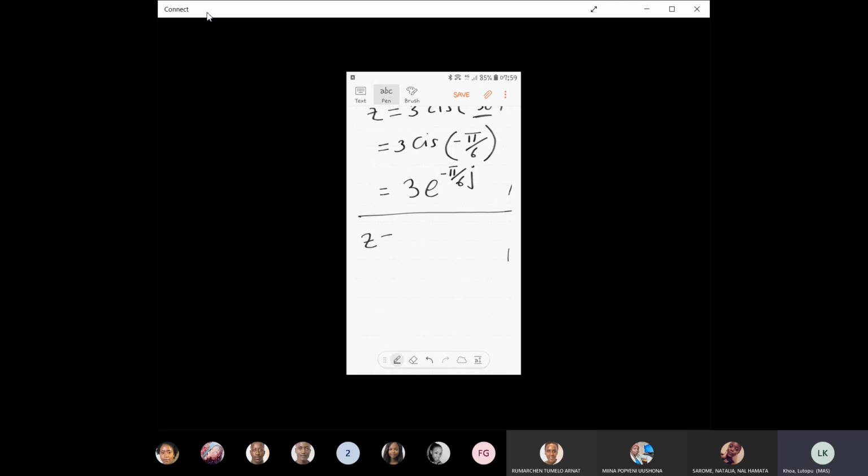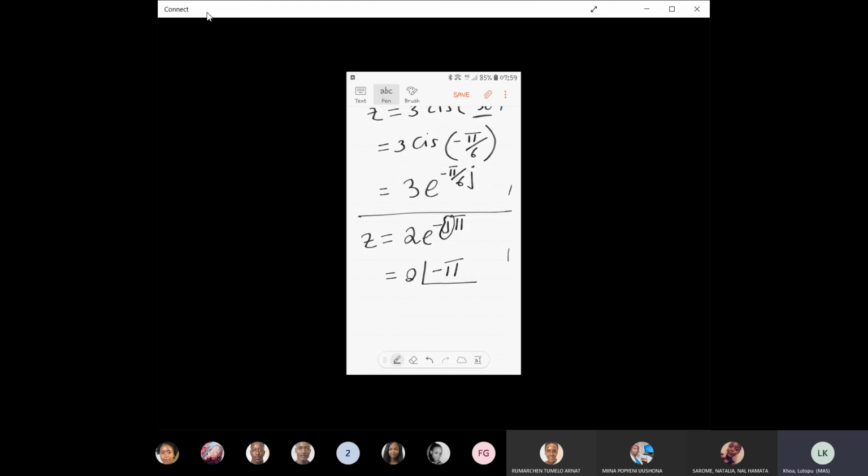I have z, this is 2 e to the power of minus j pi. So to rewrite this in polar form, this is just equal to 2, and then my angle, all I need to do is remove this j over there. When I remove the j, I'm left with minus pi. Okay, so there it is in polar form.